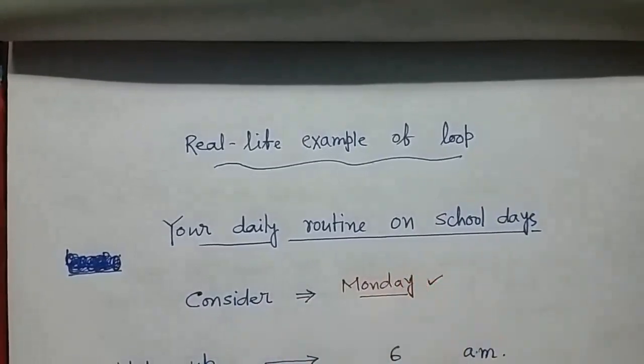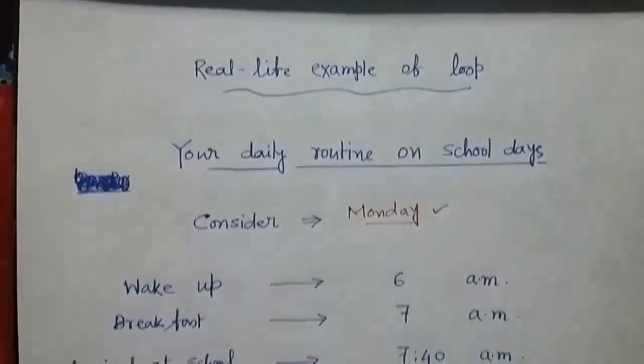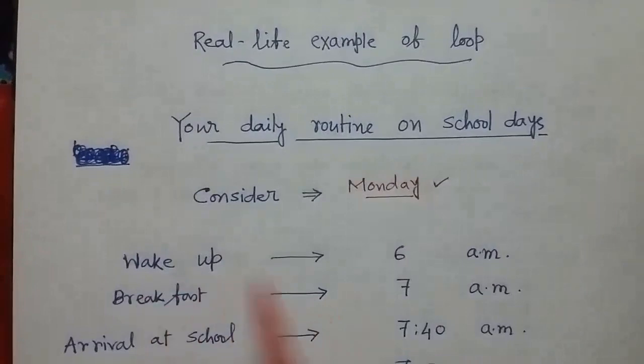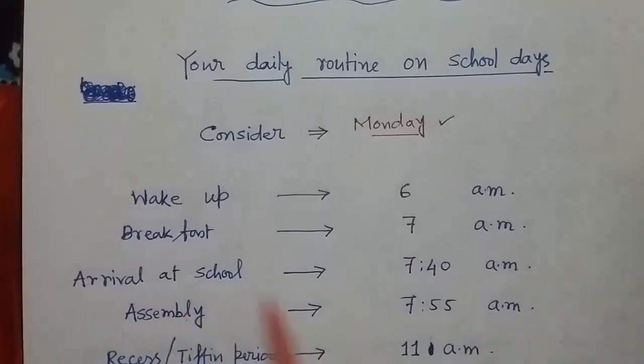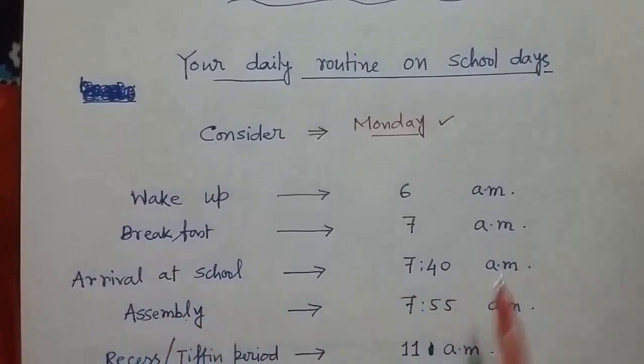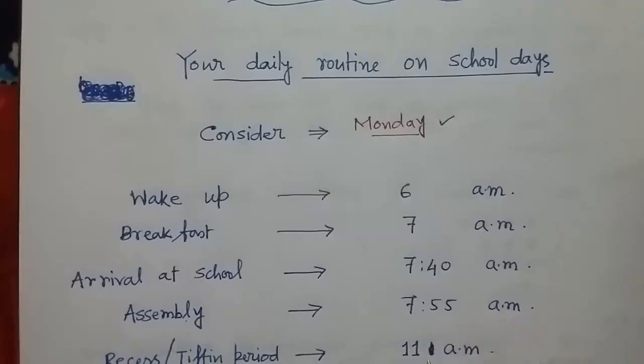Now see here, what are the tasks you used to perform on Monday. At first you wake up from the bed at 6 a.m. This is the first task you perform on Monday. And then you have your breakfast at 7 a.m. Then you arrive at the school at 7:40 a.m. Then you attend the assembly at 7:55 a.m.